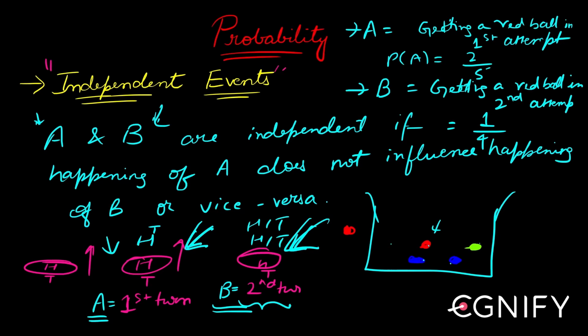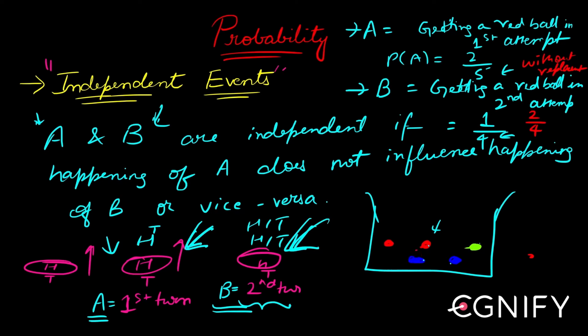Because the denominator reduced from 5 to 4 only because you got a red ball. If in the first attempt you had got a blue ball and kept it out, the answer would be 2 by 4 and not 1 by 4. So this is the without replacement case. You have taken a ball and not replaced it.